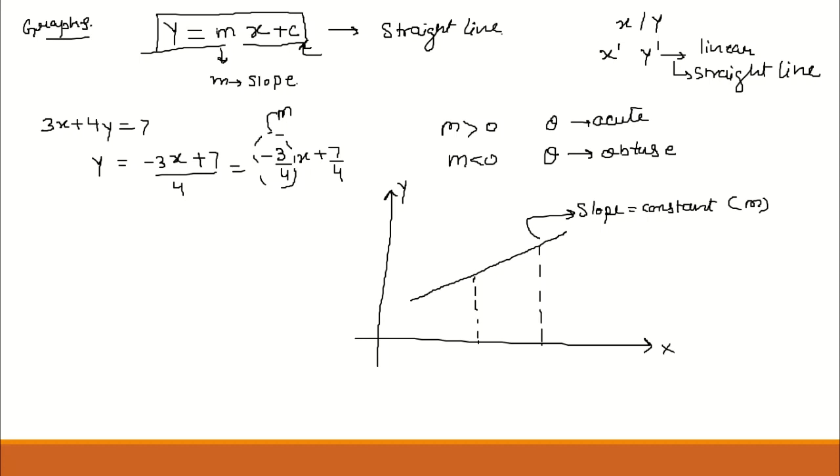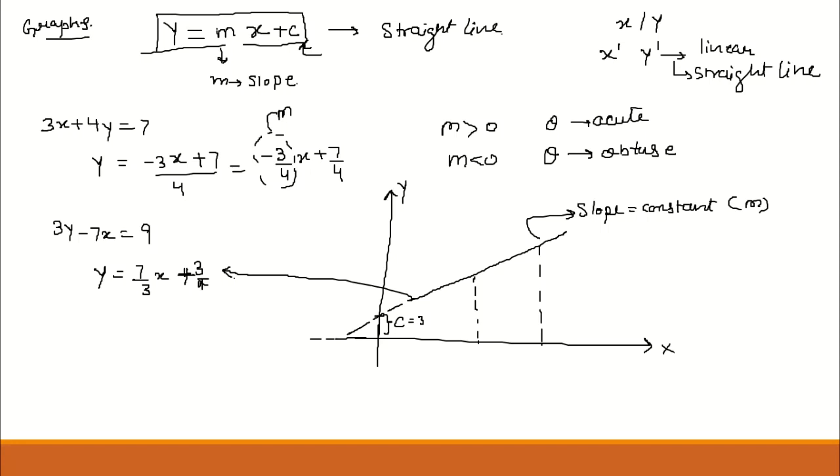Now let's suppose there is 3y minus 7x equals 9 as the equation, and if I draw this, then I'll find that y is equal to 7 by 3 x plus 3. This 3 is nothing but the y-intercept. This will become 3, or c, if the equation of this graph or curve is this one.